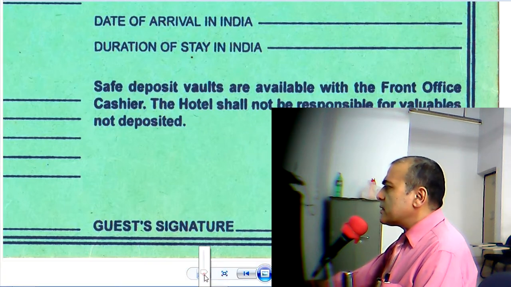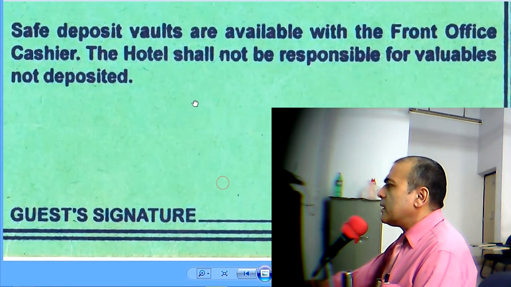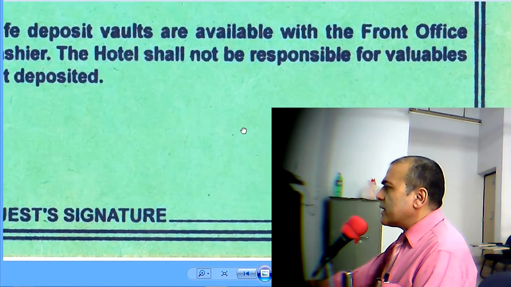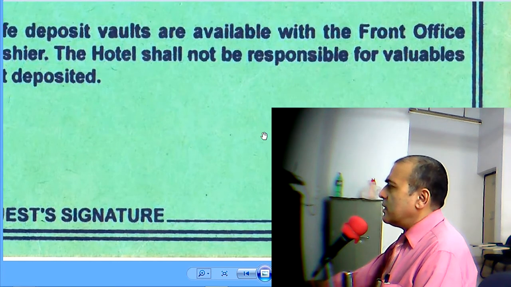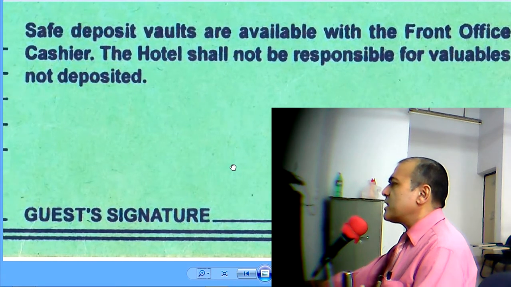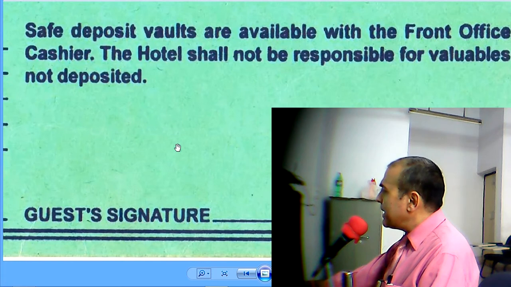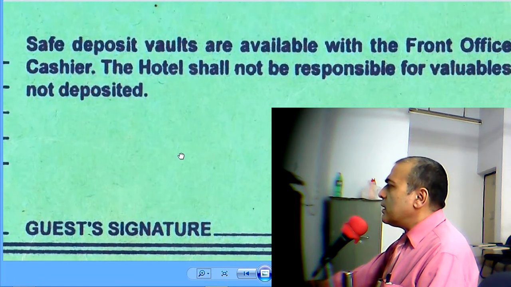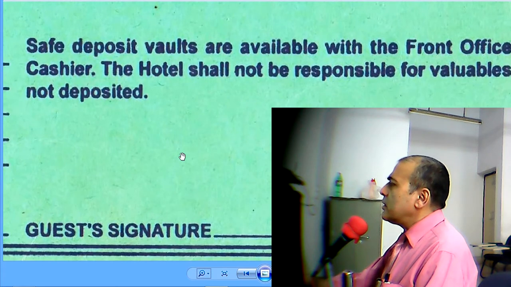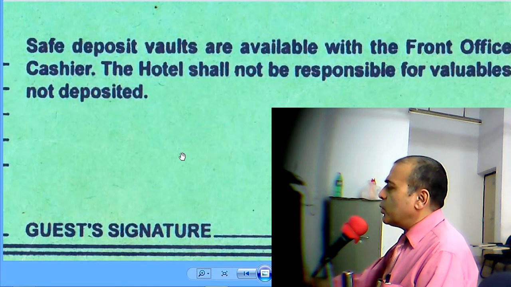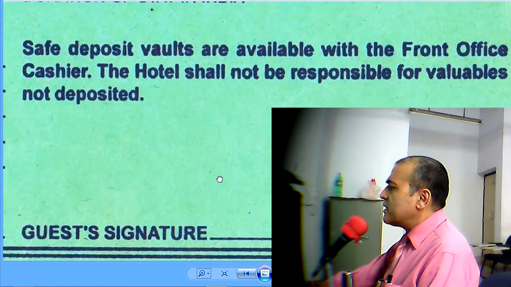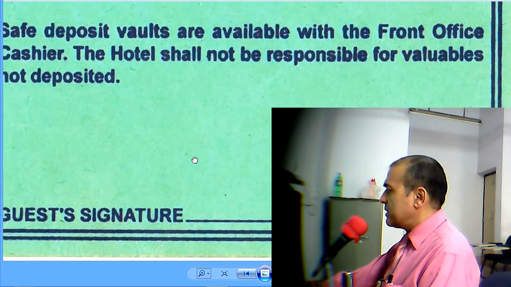The last column here is guest signature. I hope you can see it. And without the guest signature, this document is null and void, invalid. So anybody who is processing the guest check-in and who is responsible for filling this document must make sure that the guest signature is there on the record and also tally the signature with other documents, other guest ID proof like Aadhaar card in India, like passport, then also driving license, any other document where guest signature is there.